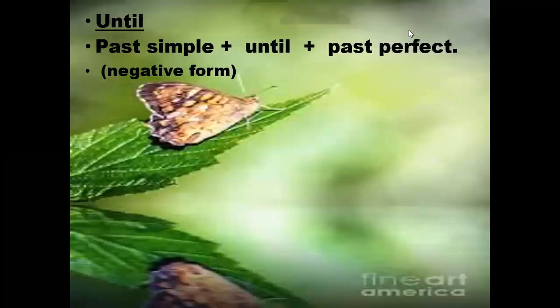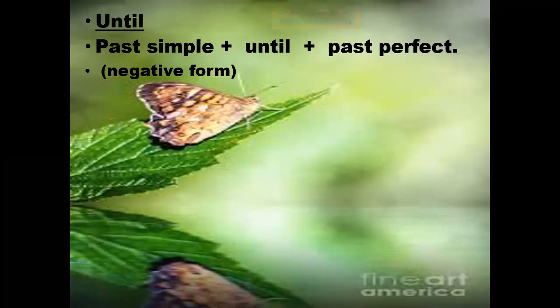What about until? Until has a different rule. Until must be put in the middle of the sentence. And the first sentence must be in past simple but in negative form. In negative form, remember, it's very important. And the second sentence which follows until must be in the past perfect tense, which is the first action.